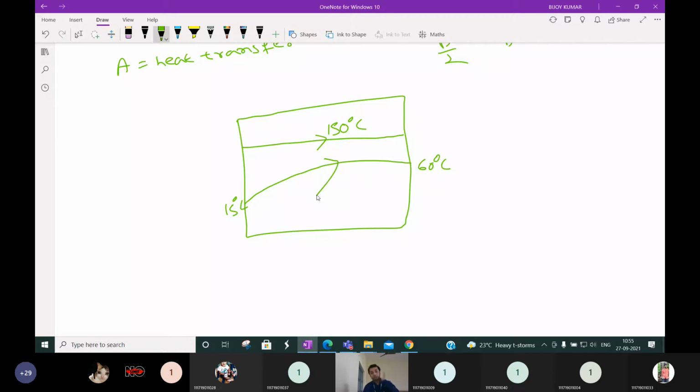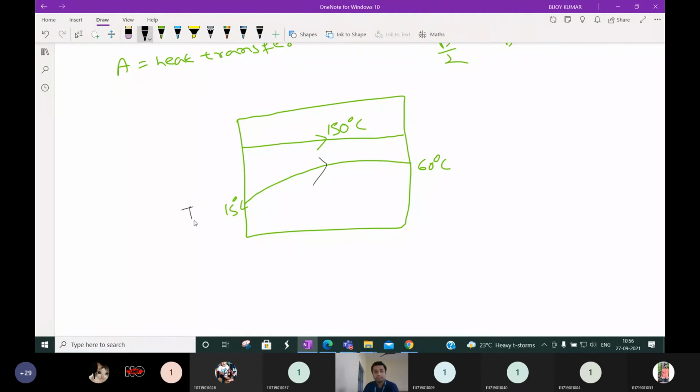You can observe in this question it is not given whether it is parallel flow or counter flow. If it is not given, we will take parallel flow by default.